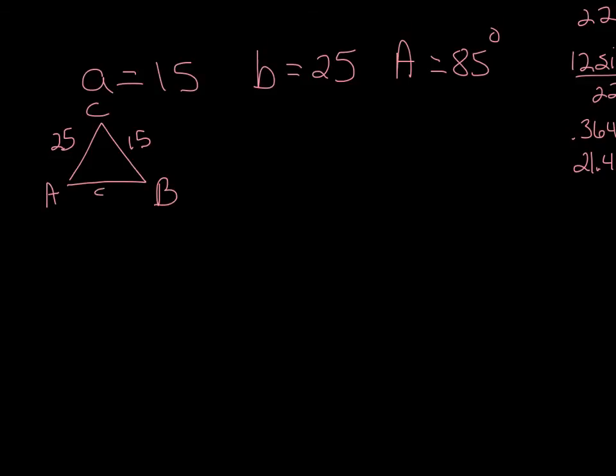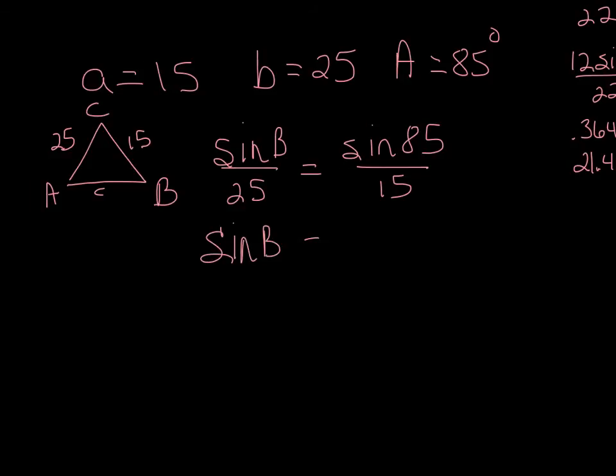Okay, so we're going to try to see if we can figure out what angle B might be. So we know that the sine of B over 25 has to equal the sine of 85 over 15.